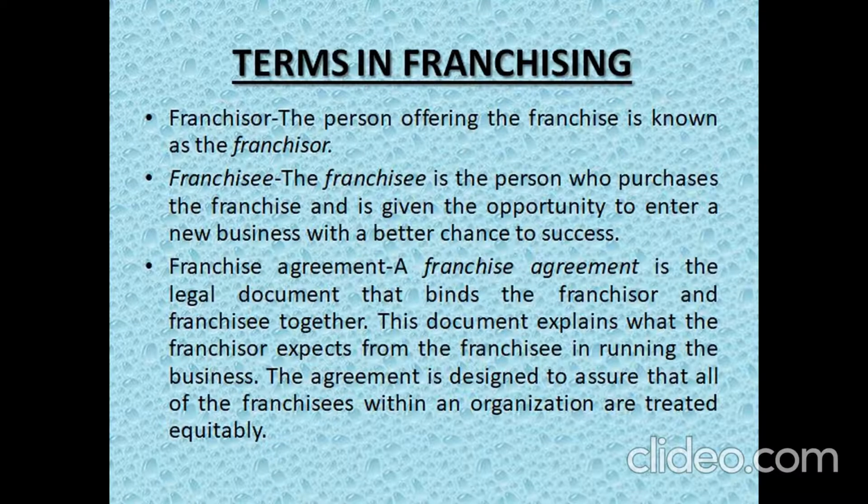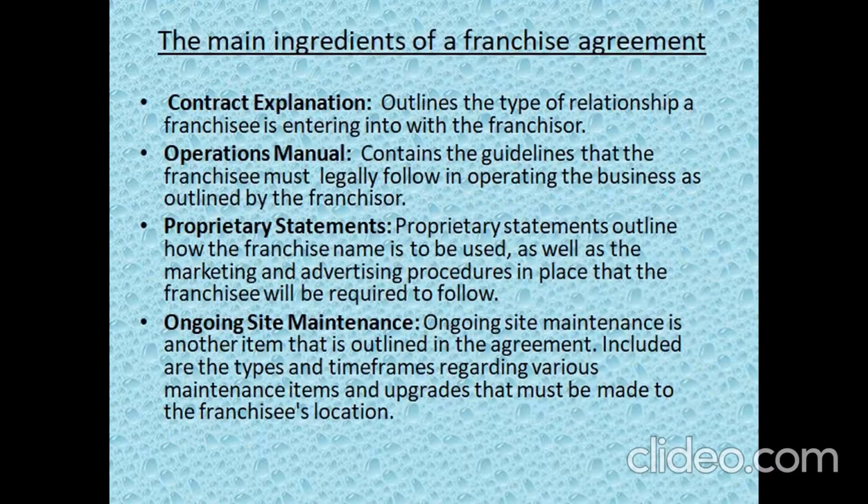Then after the terms, we have the main ingredients of a franchise agreement. As we have seen, there are three terms: the franchisor, the person who gives the franchise; the franchisee, a person who purchases that franchise, who is paying something to get that exclusive right; and the last one is the franchise agreement, which is very important.